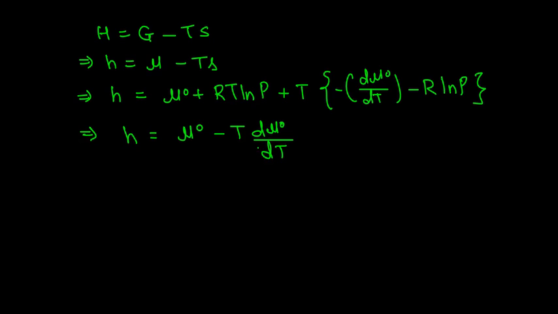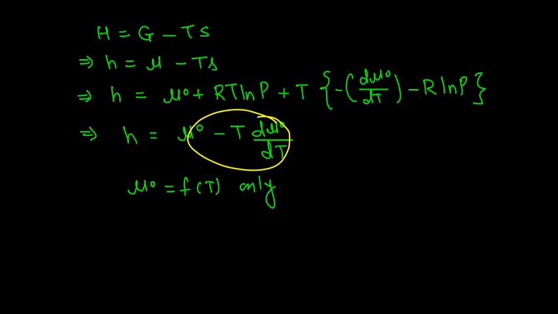What's interesting in this final expression is that μ⁰ is a function of T only. So when I look at this entire term, I find that for an ideal gas, H is a function of temperature only, and this is again known. So we can say that our thermodynamic framework in terms of chemical potential actually works.